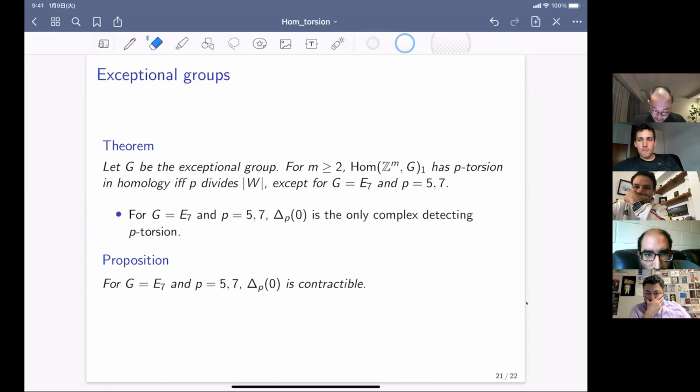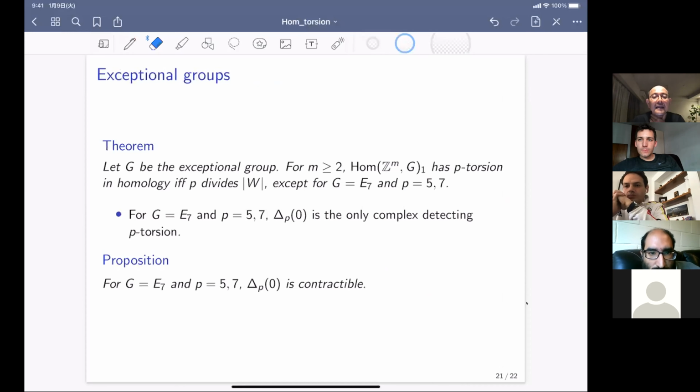So what about this exceptional case, E7 with P equal to 5 or 7? In these cases, delta P0 is also the only complex detecting P torsion, and we have the same problem. This complex is contractible, so it doesn't work.